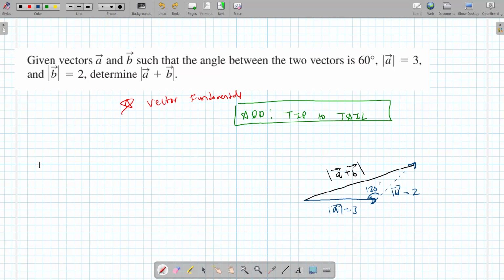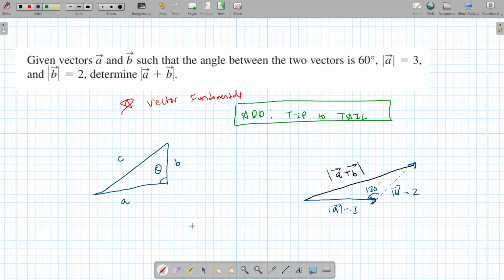What does cosine law say? Let's say you have a triangle, and it doesn't have to be 90 degrees. This is side length C, this is side length A, this is side length B, and this is angle theta.